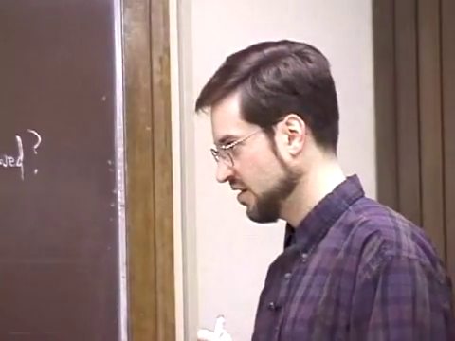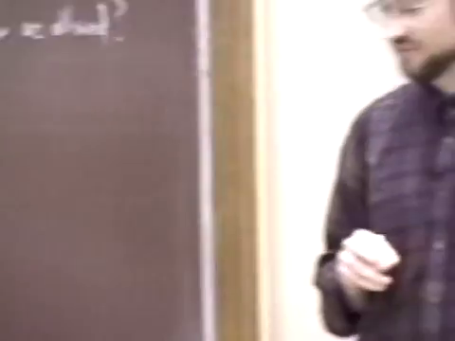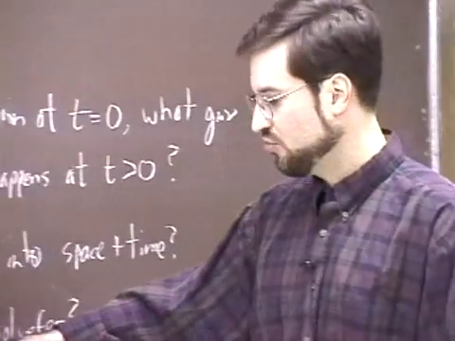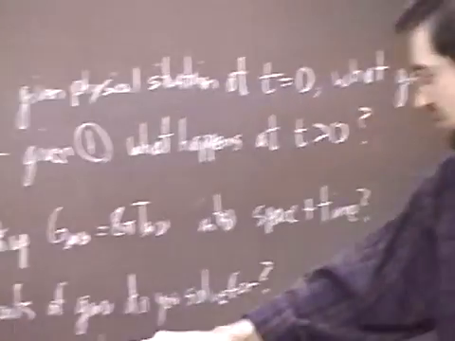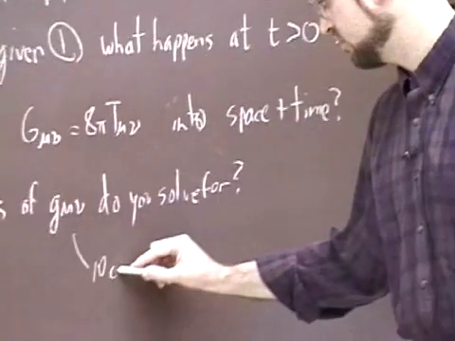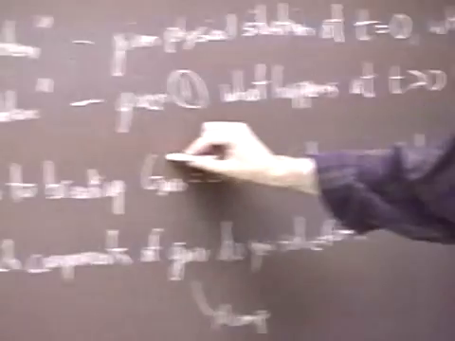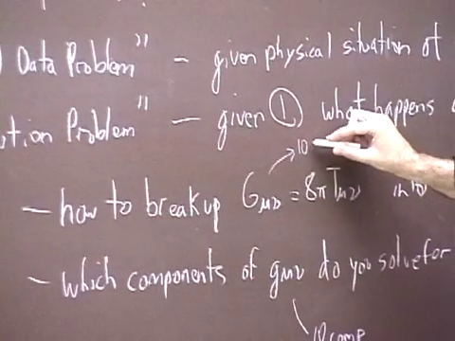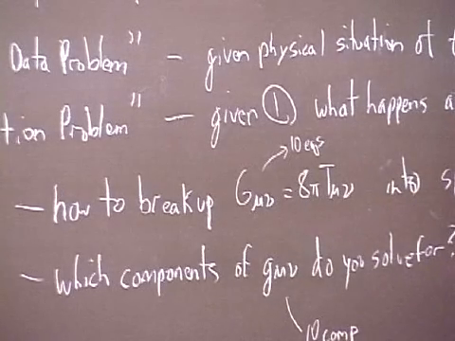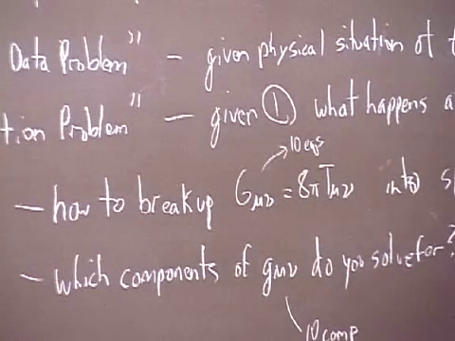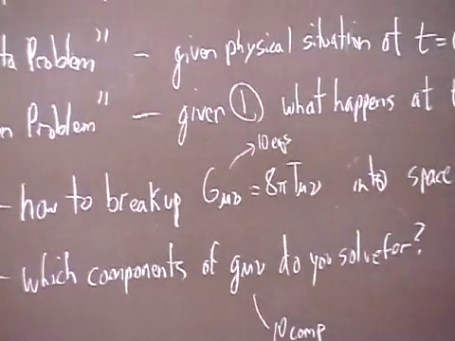Let me just touch on the second question first. You might naively assume that since the metric has 10 components, and since Einstein's equations have 10 equations, so 10 components of G mu nu, you can say, oh, I have 10 equations and 10 unknowns and solve for all of them.